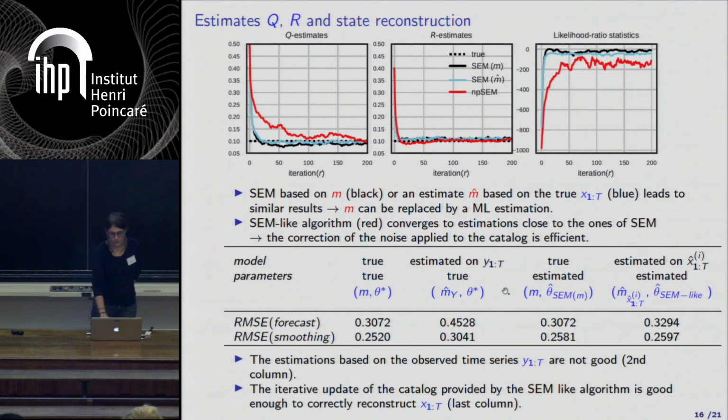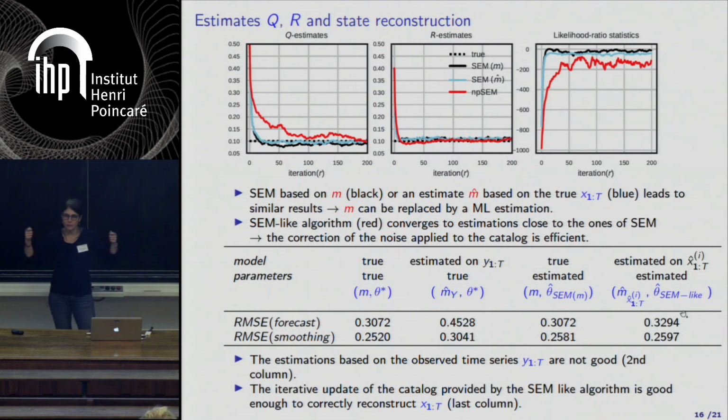On the second column, it's a case where you use observations to estimate the model, but the true parameters for Q and R. And you can see you have a big divergence between the truth and what you do with the noisy observation. Okay? In the third one, you use the true model, but you estimate the error covariances Q and R. And in the last column, you estimate everything.